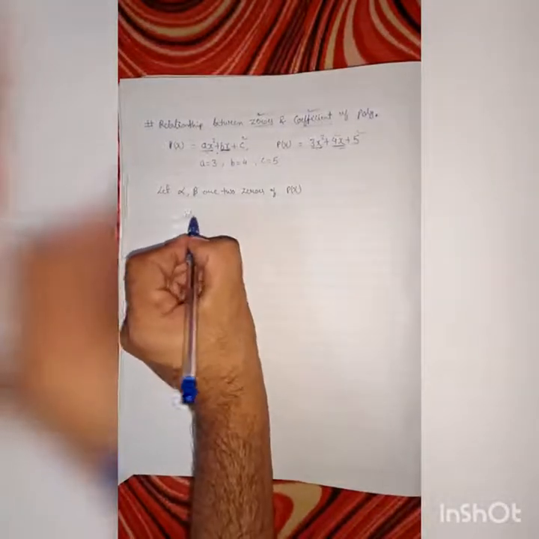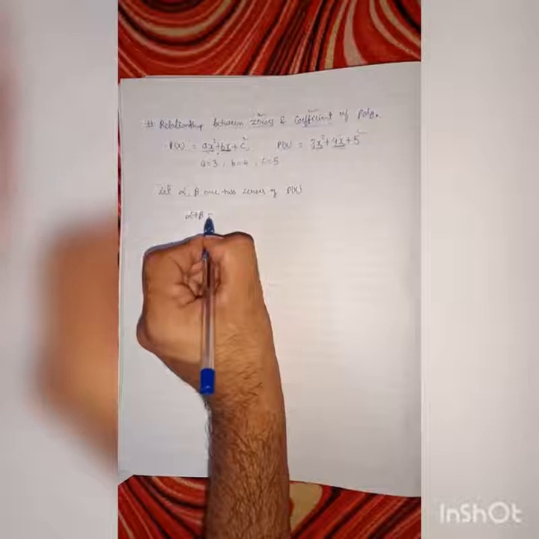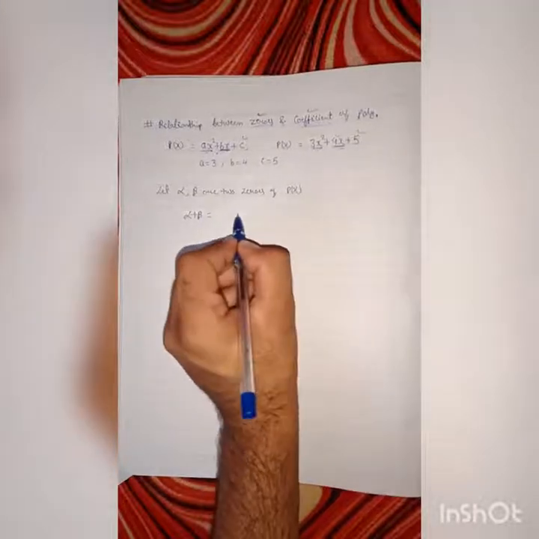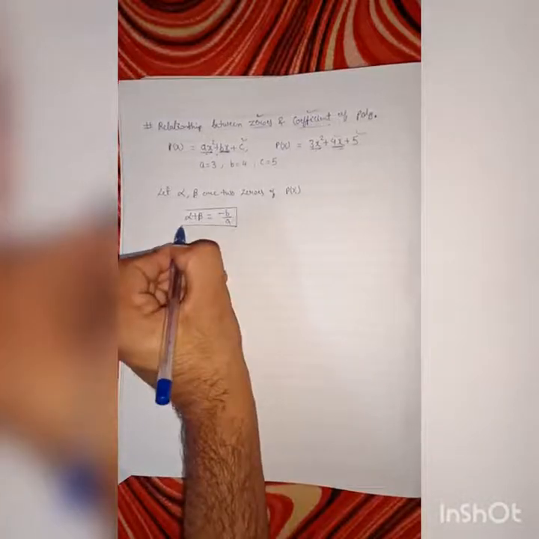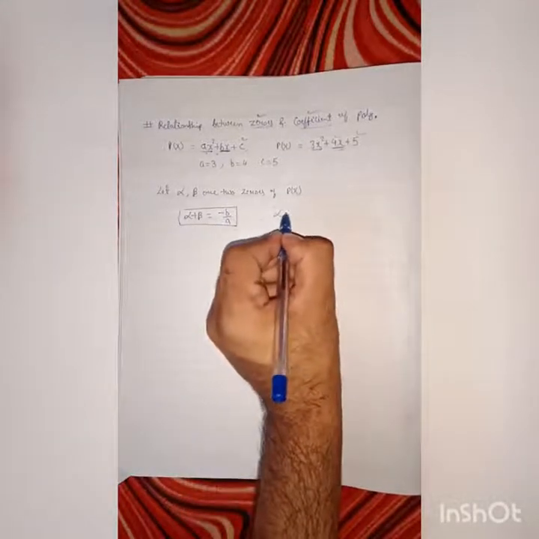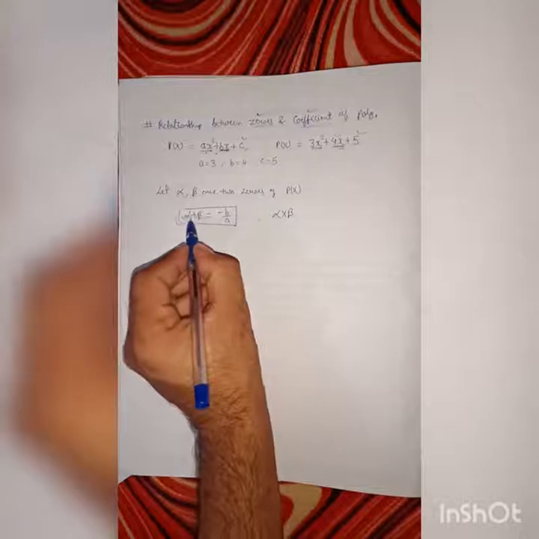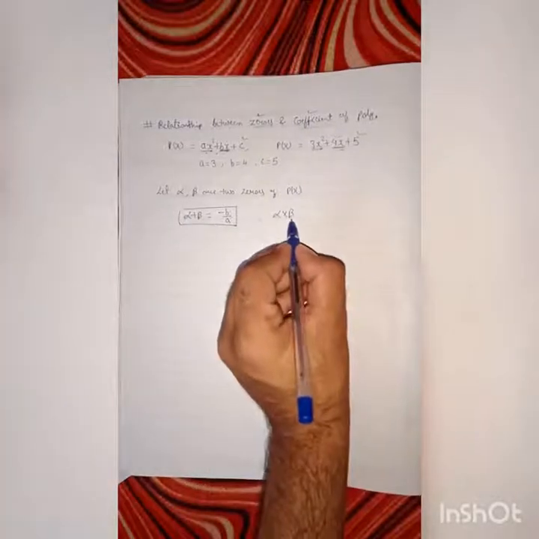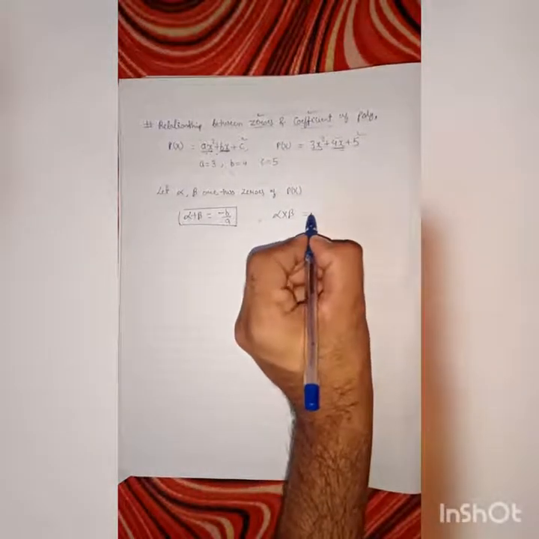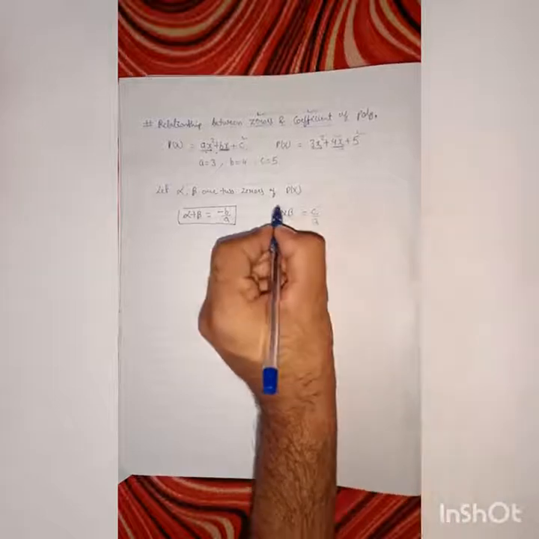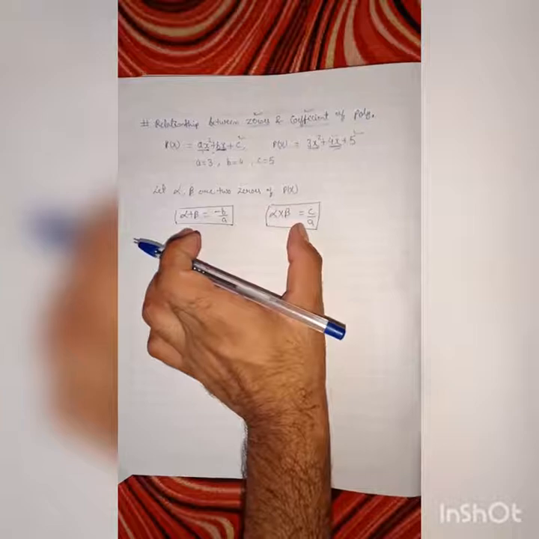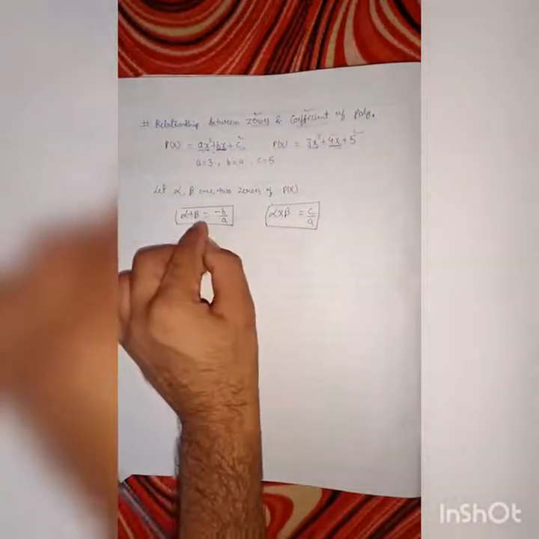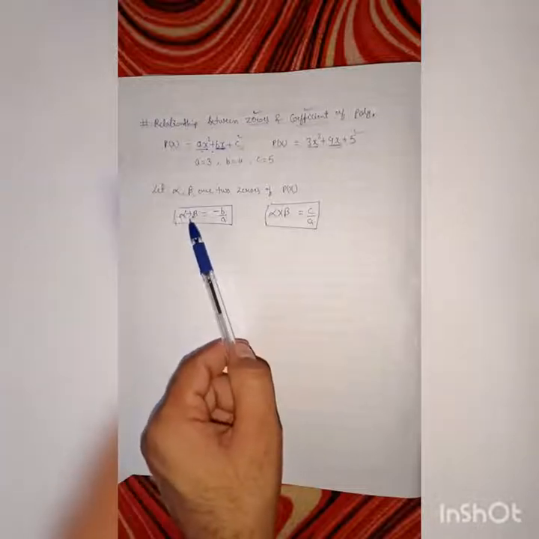So we know that alpha plus beta equals minus b upon a, and second thing, alpha into beta, equals c upon a. The first is called the sum of zeros, and the second one is called the product of zeros. So there is this relation between them. Understand?